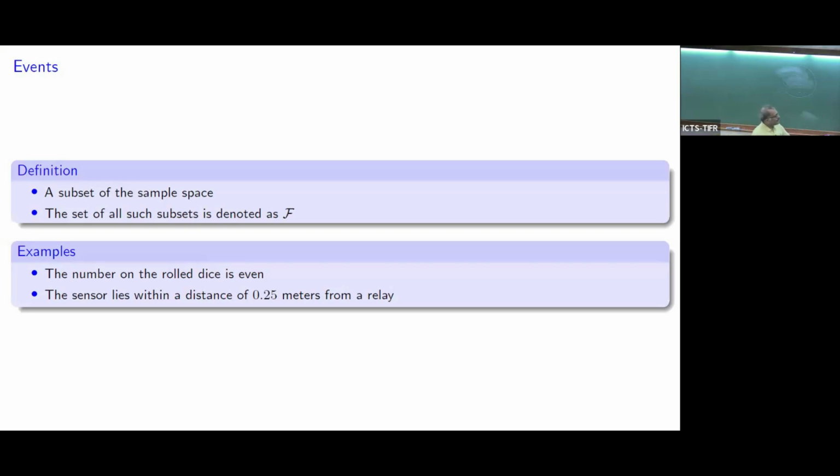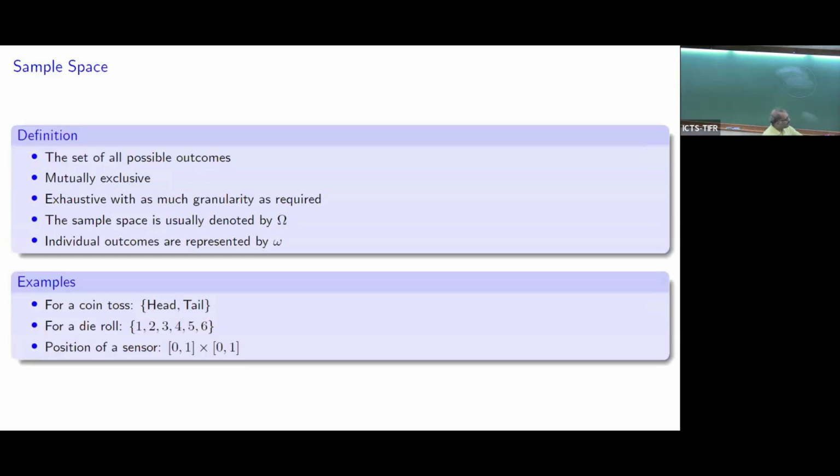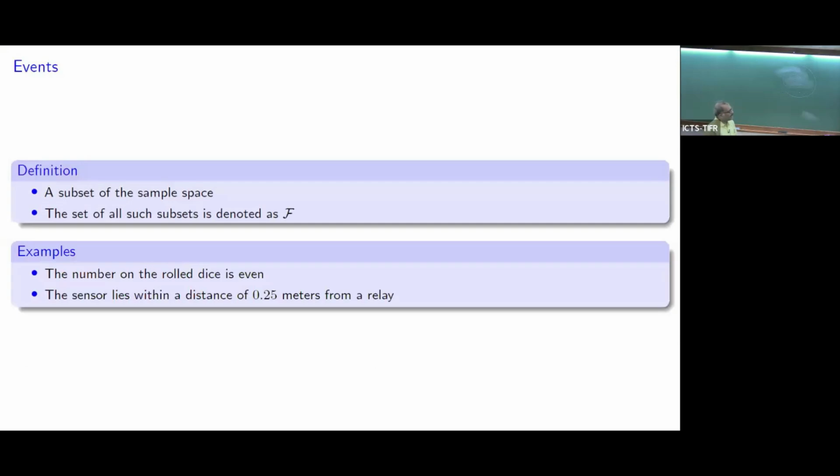For example, in that sensor problem, we had talked about throwing a sensor into this 1 square kilometer area. In that case, maybe an interesting event is that the sensor lies within some distance from a communication relay. You are throwing a sensor, it lands somewhere, but you have a communication relay here.